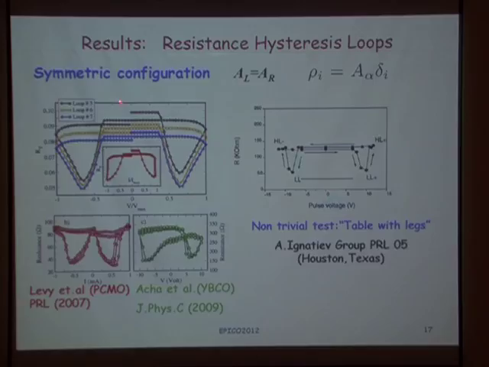We start from this high resistance, then go to the low resistance, then turn to the high, to the low, and with this symmetric configuration we obtain this hysteresis switching loop that looks exactly the same as this one that was introduced some years ago by the Ignatiev group in Texas. So this is the result from the simulations, and these are results taken from Pablo's group with PCMO, in which they obtain exactly the same kind of resistive hysteresis switching loops.